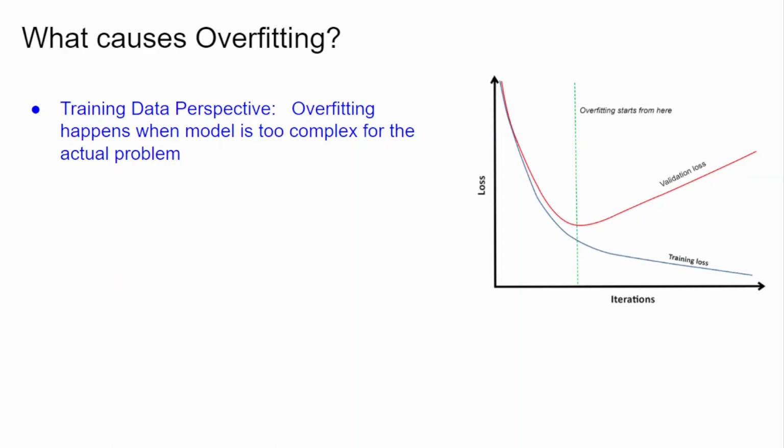So when we look at it from the training data alone, we can simplify it to state that overfitting is caused by the model being too complex. Meaning it started fitting too close to the training data, becoming more and more complex as it ran down the iterations. It was trying to find the sweet spot within the weight spectrum, and thus it went on this track, whereas validation loss is poor.